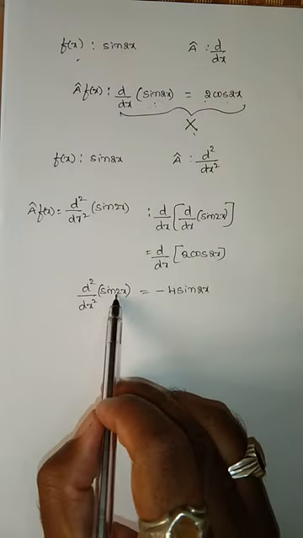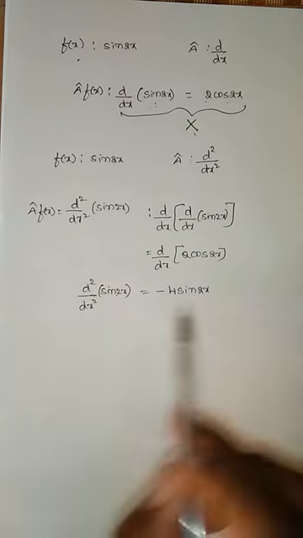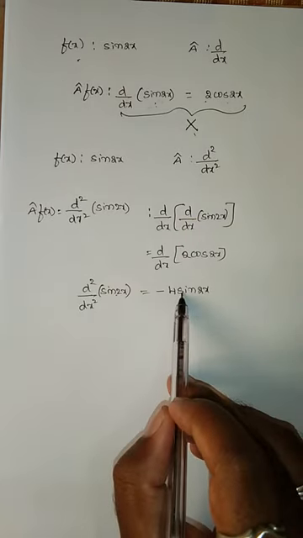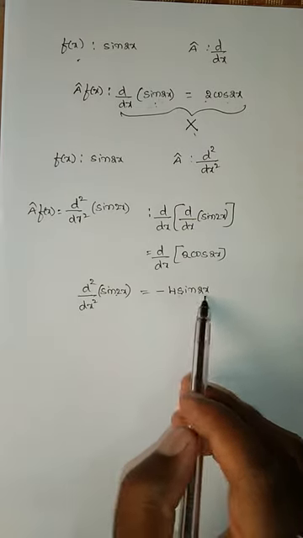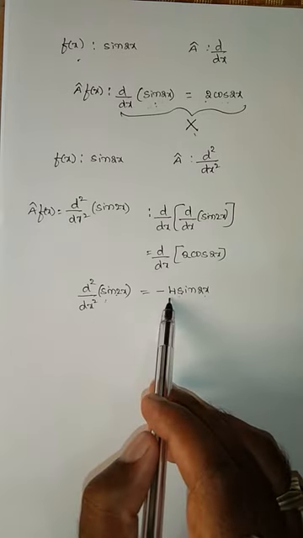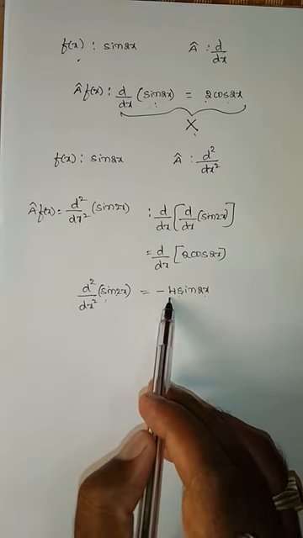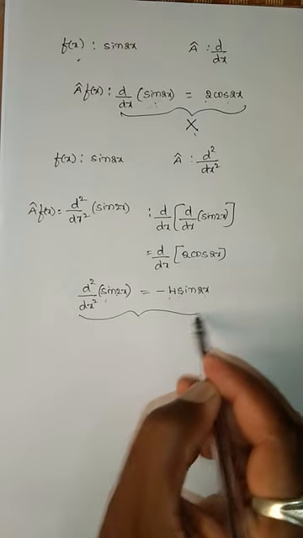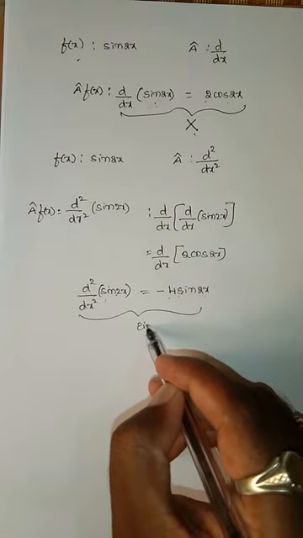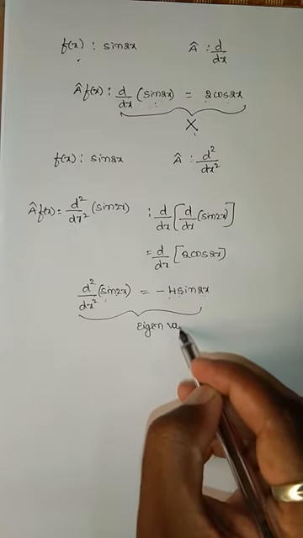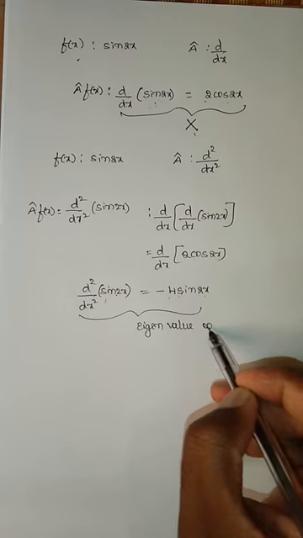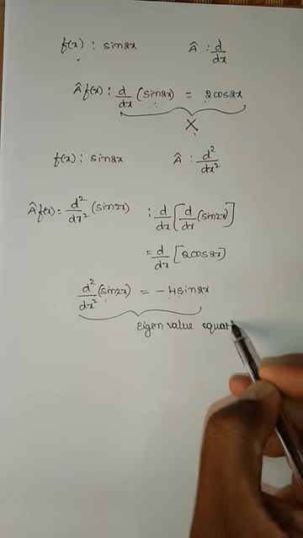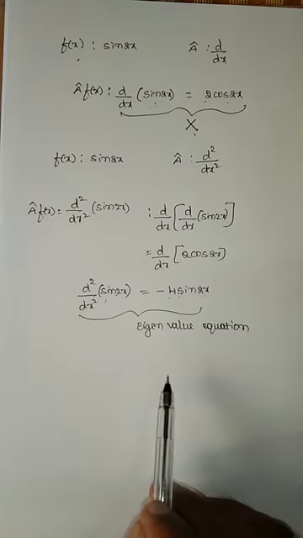So this is a function and this is the operator. We got one more function, wherein the function is once again sine 2x, multiplied with a constant minus 4. And now we can call this an eigenvalue equation. Hope you understood how to find the eigenvalue equation.